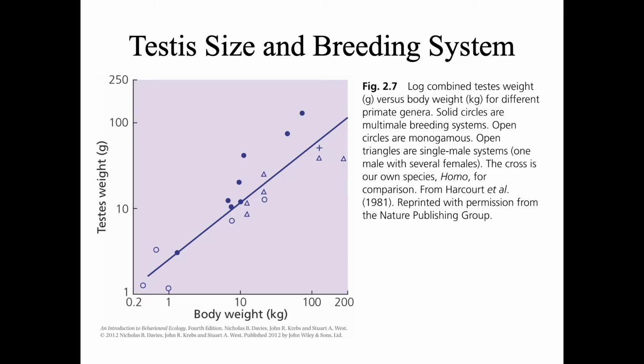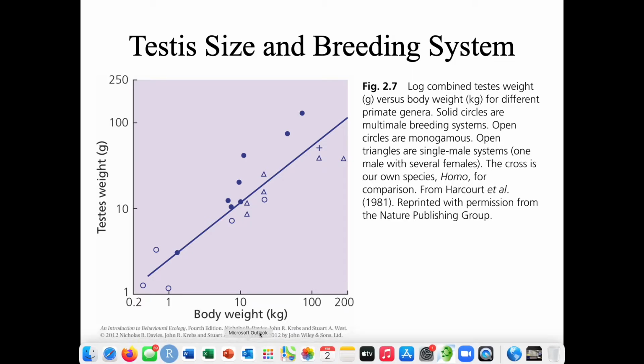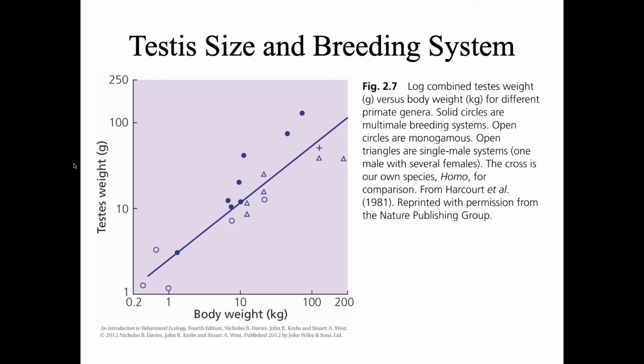But you can look at things like testis weight and body weight. And so obviously larger primates have larger testes simply because they are larger. They also have larger heads and longer arms, et cetera, et cetera. But when we think about testis size, it might be important in determining what type of breeding system a particular species engages in.